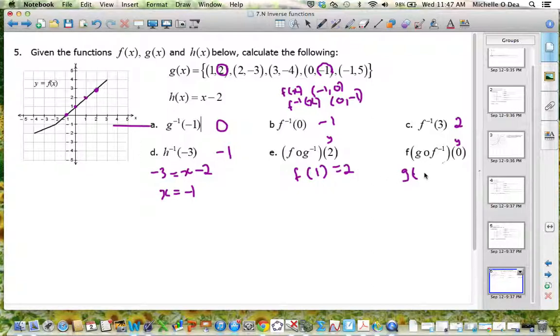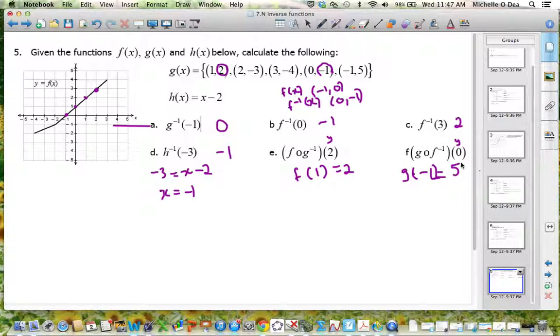So we're finding g of -1. Now we're just talking about the normal original function g of x. When is it -1? We can see there g of -1 is 5. And so our answer is 5.